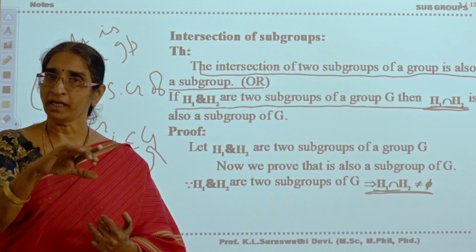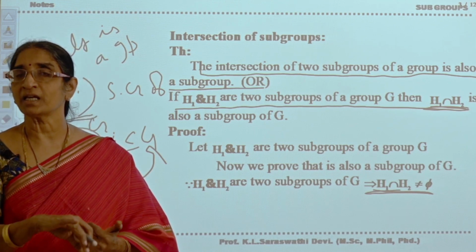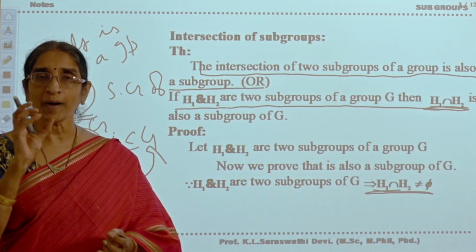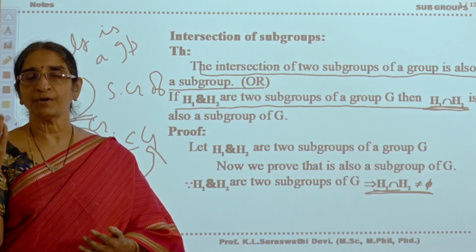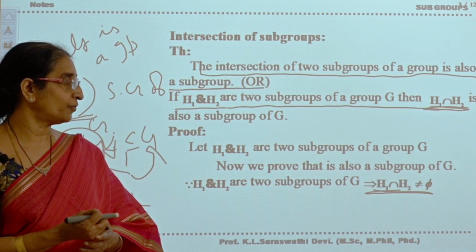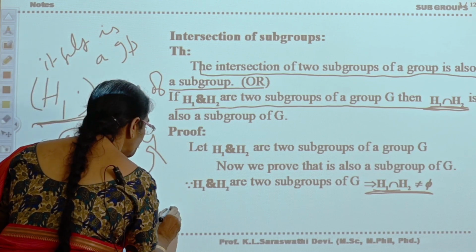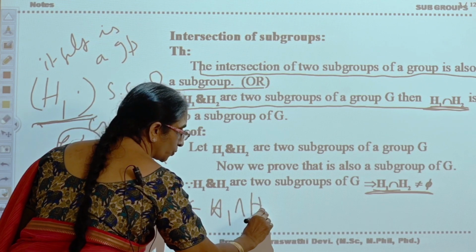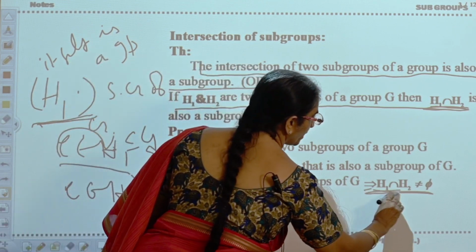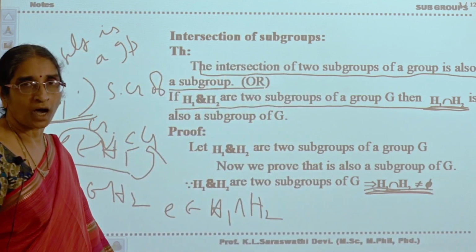Therefore, e in H1 and H2 will be the same, because the subgroup and the main group must have the same identity. Therefore, e belongs to H1 intersection H2, and therefore H1 intersection H2 is non-empty.